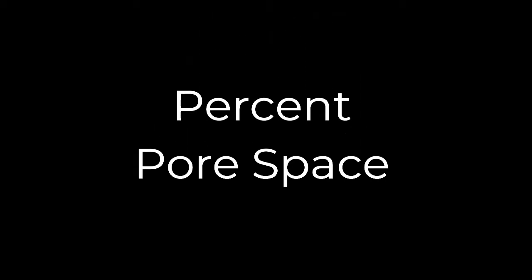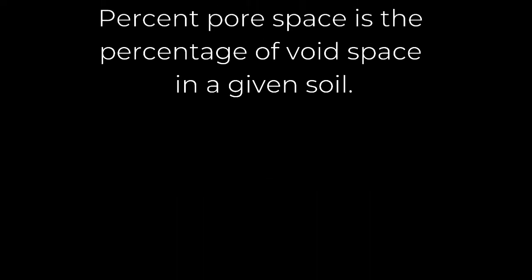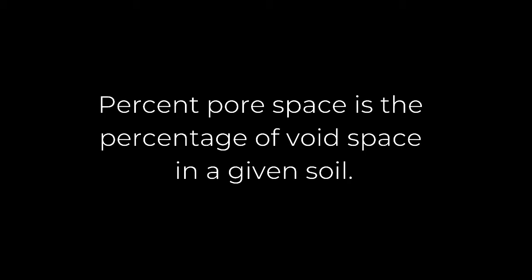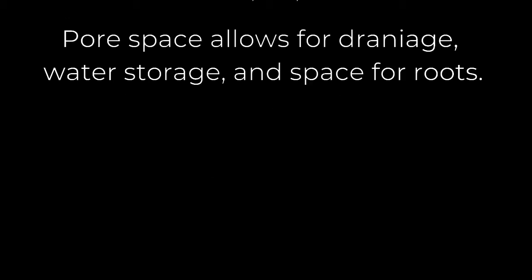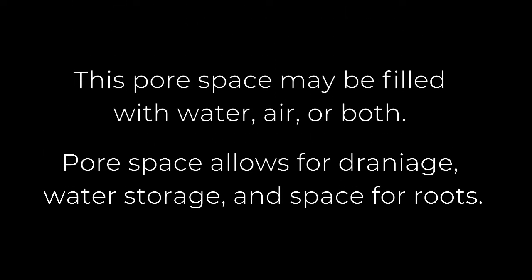Once we know the bulk and particle densities of soil, we can calculate the percent pore space of a soil. Percent pore space is the percentage of void space in a given soil. This pore space may be filled with water, air, or both. Pore space allows for drainage, water storage, and space for roots.